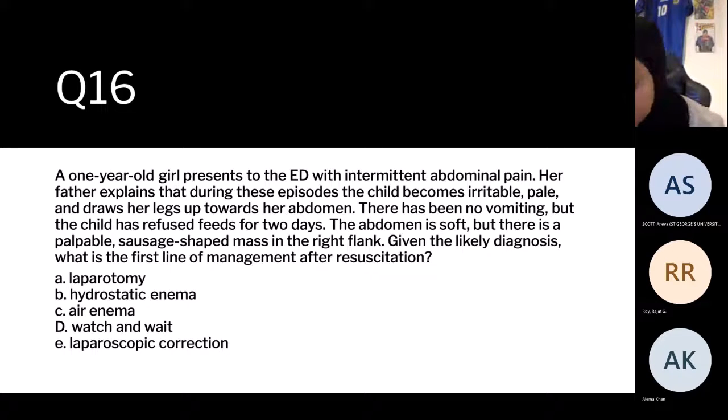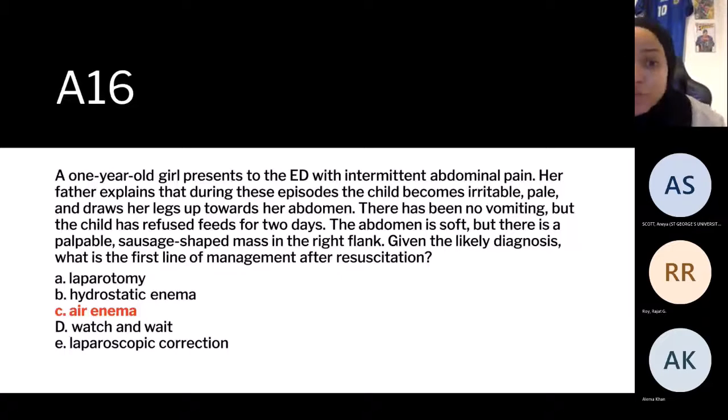So the correct response is air enema. With this, it's most likely indicating that the patient has intussusception because of the way the patient is presenting.